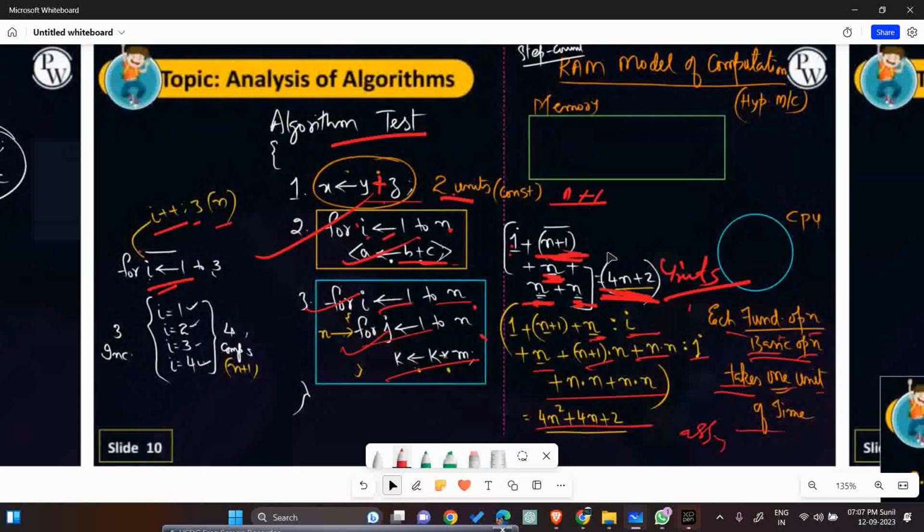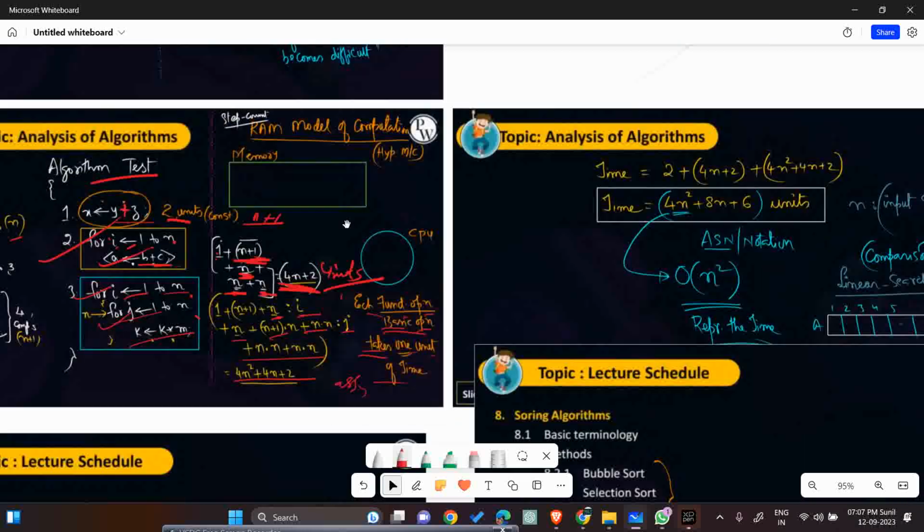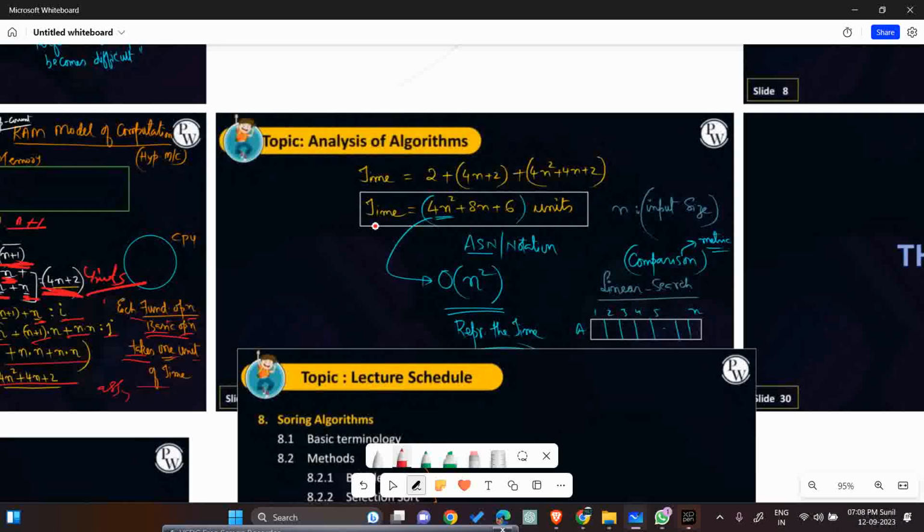What is the order of this time complexity? These time units are of the order of n squared. We can then compare the time and input size, as in linear search.